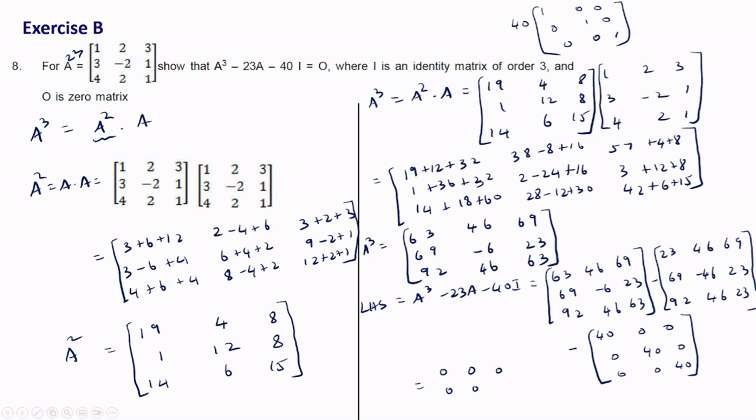Then 23 minus 23, 0. Then 92 minus 92 minus 0, 0. Then 46 minus 46 minus 0, 0. Then 63 minus 23 is 40, minus 40 is 0. So this is equal to the 0 matrix, which is equal to the right hand side.